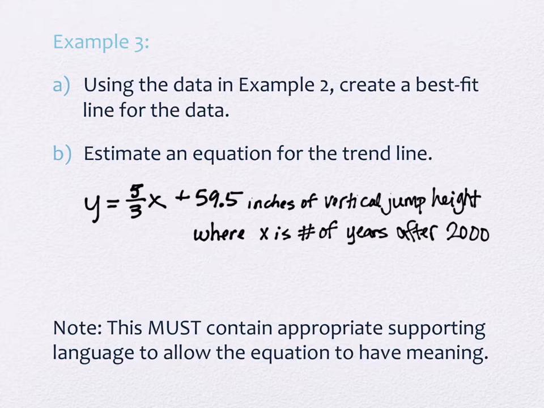So whatever I let my axis be, if I had left it at 2000, I would have said years after 2000. If I'd left it at 2001, I would have said years after 2001. If I actually started with the year 2002, which I could have put on my axis, this would be years after 2002. That's what I would be representing. Why does it matter? Well, it matters because otherwise I can't use the equation. This must contain the proper supporting language for it to have meaning.